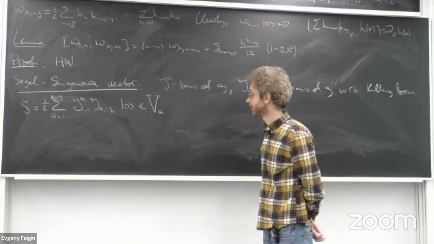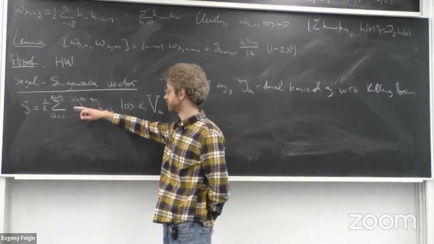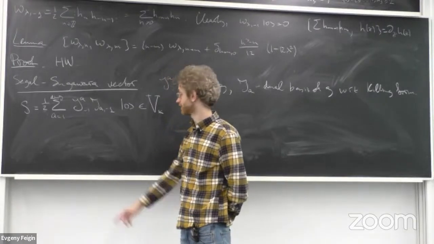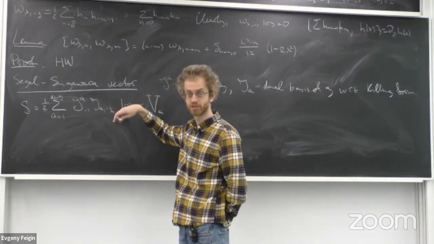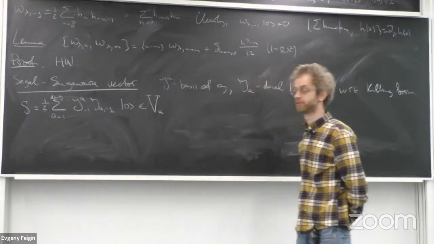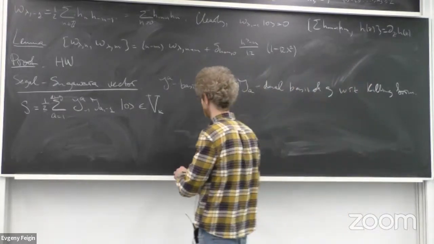So I take the sum over indices from my Lie algebra, and then I take J^a_{-1}, meaning J^a tensor t inverse, and also J_a tensor t inverse, and then I form this Sugawara vector.